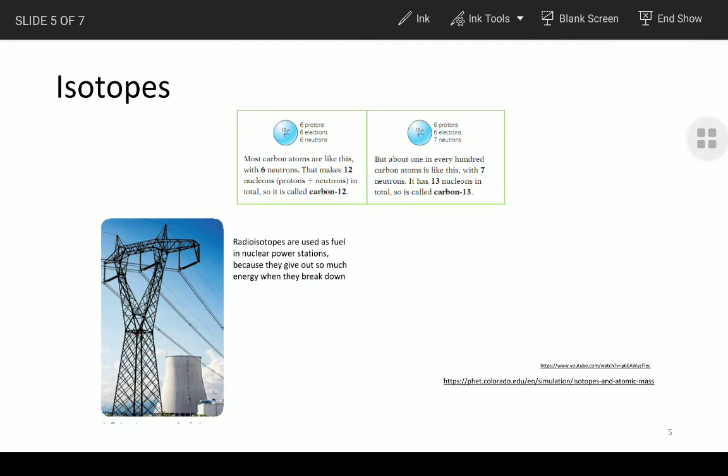Isotopes are atoms of the same element but different mass, or atoms with the same number of protons but different number of neutrons. And for the application, we can use these isotopes for nuclear energy, also to cure cancer and many more.